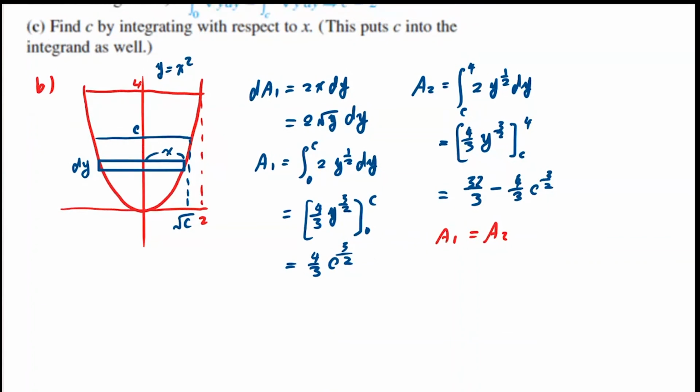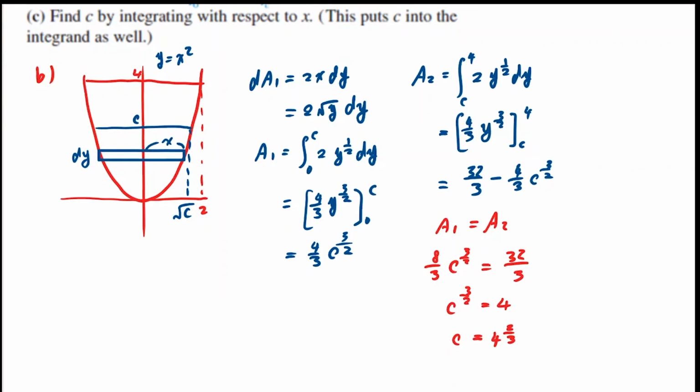So we put it on the other side. So we have 8/3 C to the 3/2 is equal to 32/3. That of course means C to the 3/2 is equal to 4. So that tells you C is equal to 4 to the 2/3 power. How about that? Good? Say yes.